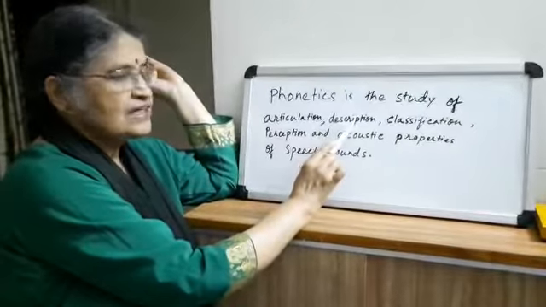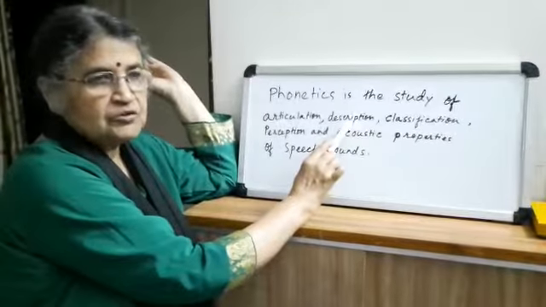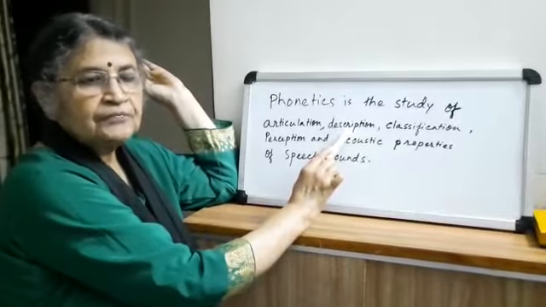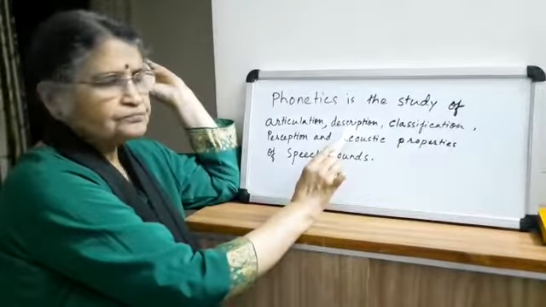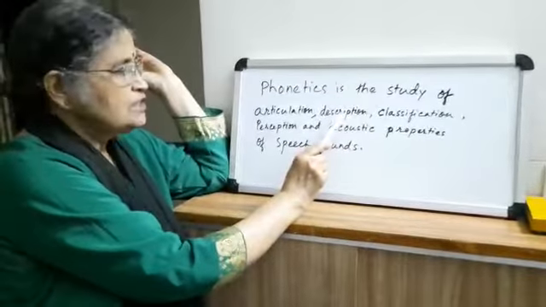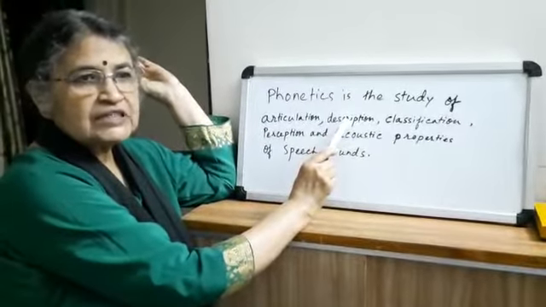So what is the description of p? It's a bilabial sound. I'm sure you have already come to know, because you are now in second semester and you will have studied a lot of things in your speech paper. So you know what is a bilabial sound. Then what else? P is a voiceless sound.